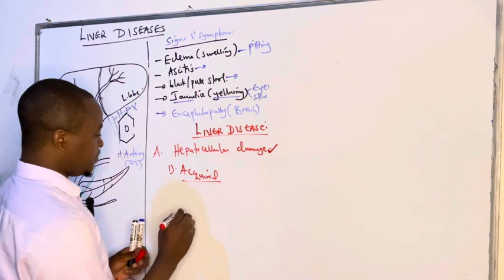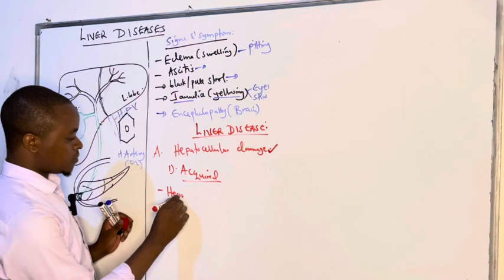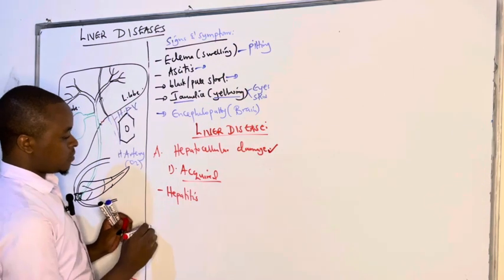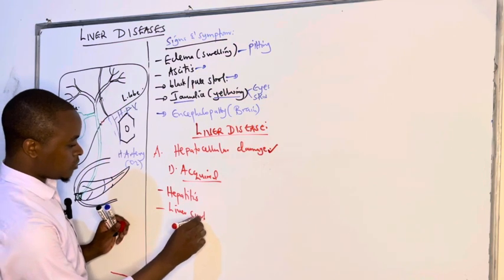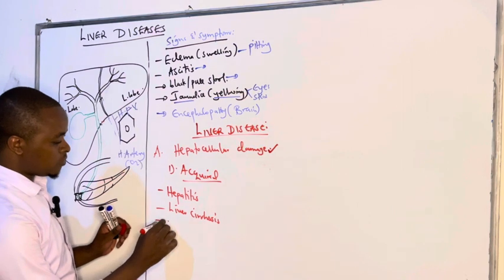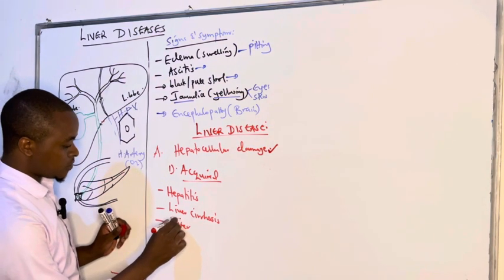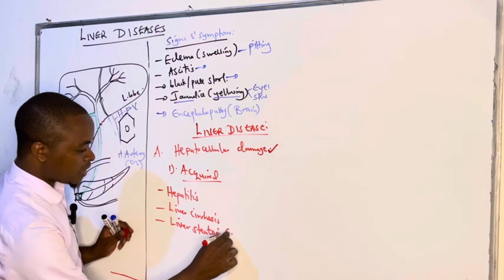One of them is hepatitis. Another one is liver cirrhosis. Another one we can talk about is liver steatosis, which we can call fatty liver.